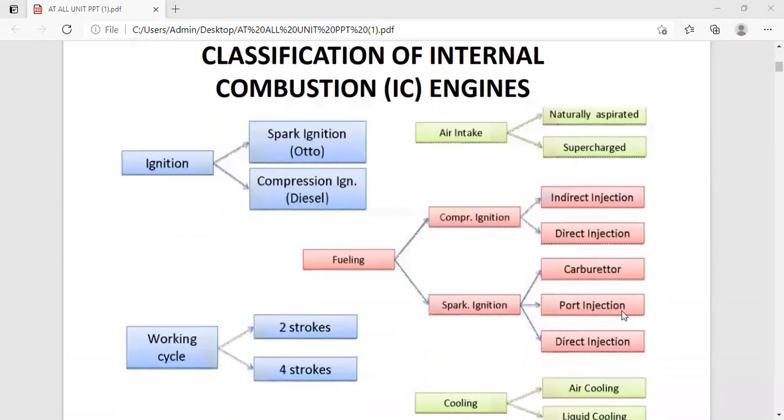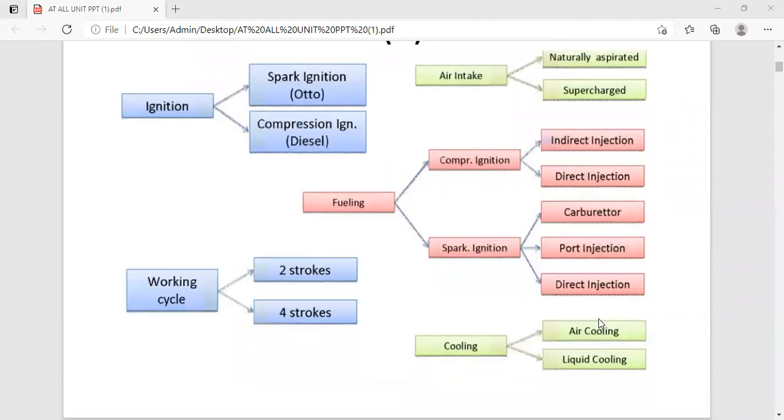Next we saw the classification of internal combustion engines according to ignition: spark ignition and compression ignition. According to air intake: naturally aspirated and supercharged. According to fueling: compression ignition is further classified as indirect and direct injection, and spark ignition as carburetor, port injection and direct injection.